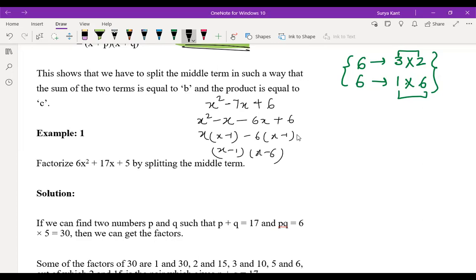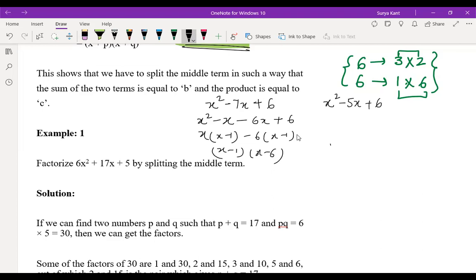Sir, if I write here the same thing, x square minus 5x, or minus 6x, or if I write something different, minus 5x plus 6.